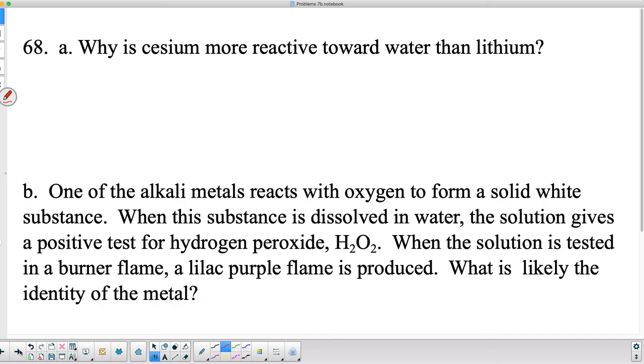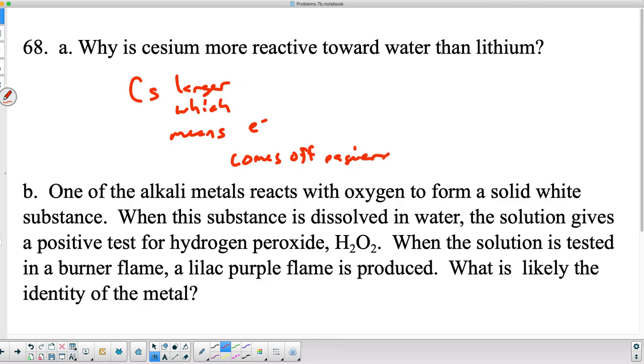Why is cesium more reactive towards water than lithium? Well, that's pretty easy to say. Cesium is larger, which means that the extra valence electron comes off easier.